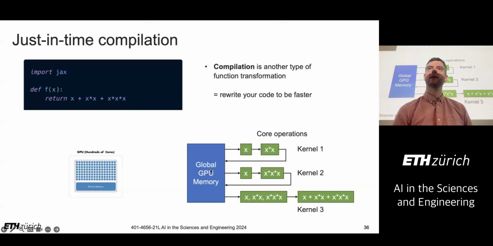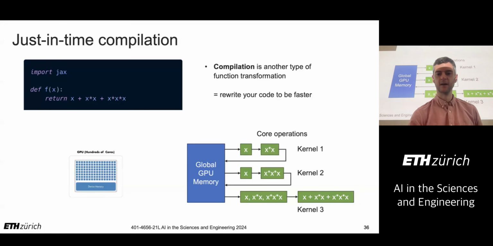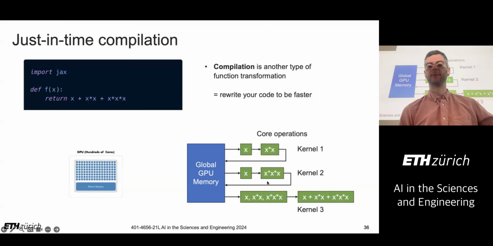These are low-level pieces of code that are defined to run small operations very fast. There might be a CUDA kernel for a simple matrix multiply or an element-wise multiplication, like x squared. There might be another kernel, a different implementation, that runs x cubed. And then there might be a final kernel that is called to sum all these things together.